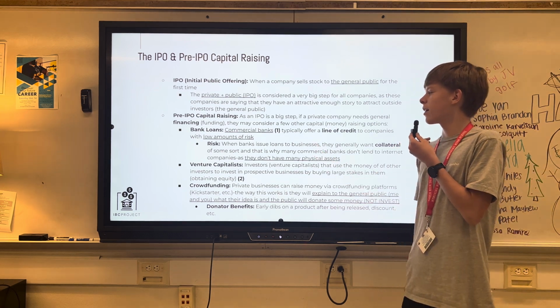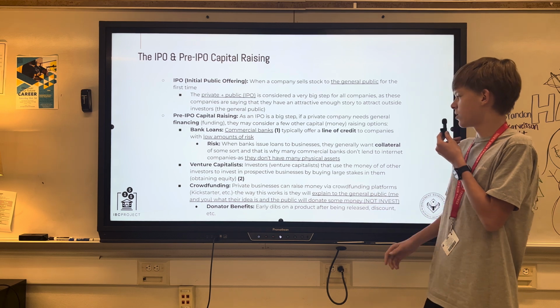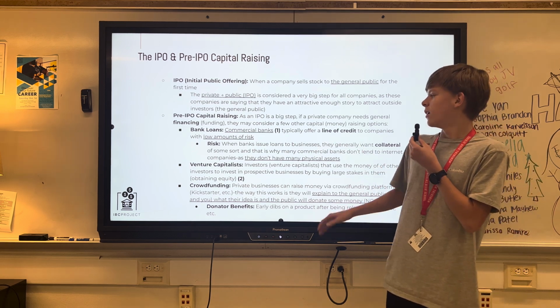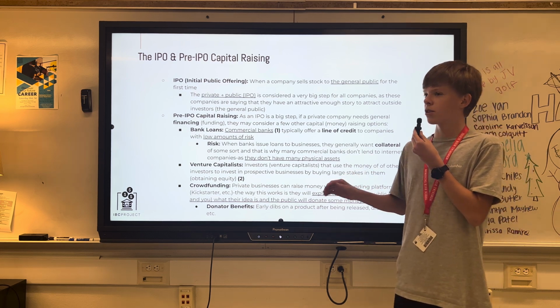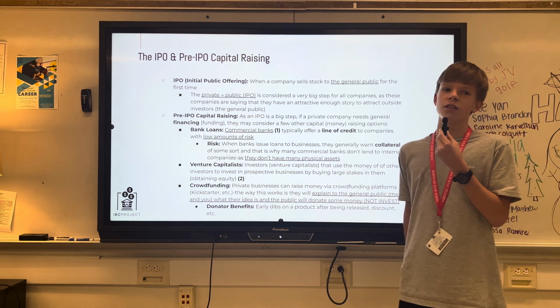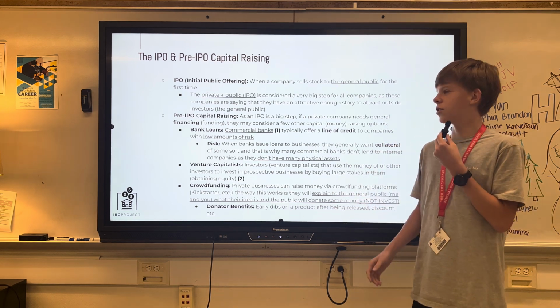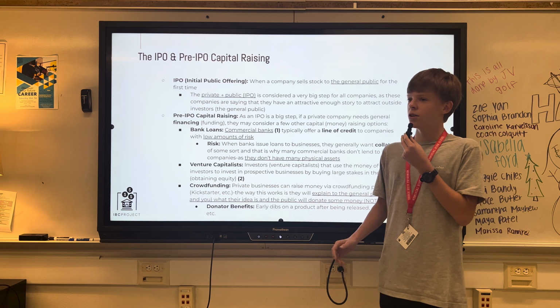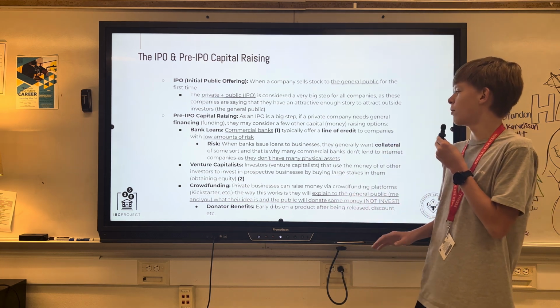A commercial bank specifically interacts with companies and things like that. So these commercial banks will offer a line of credit, which is different than just a regular loan. So a regular loan, let's say you're loaning someone $10,000, you'll just loan them the $10,000 straight up. But a line of credit, you'd say, I'll give you 500 of this $10,000 just like for the moment.